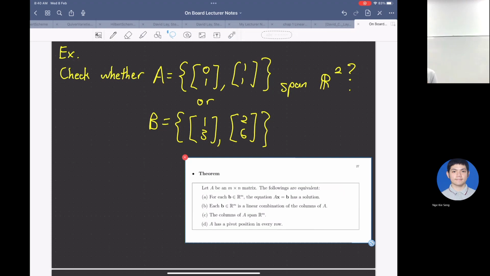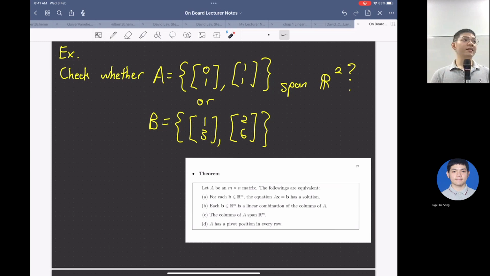So if you check one of these is true, then C is true. If you check one of these is false, then C is false. See which one is better to use. Anyone have tried?